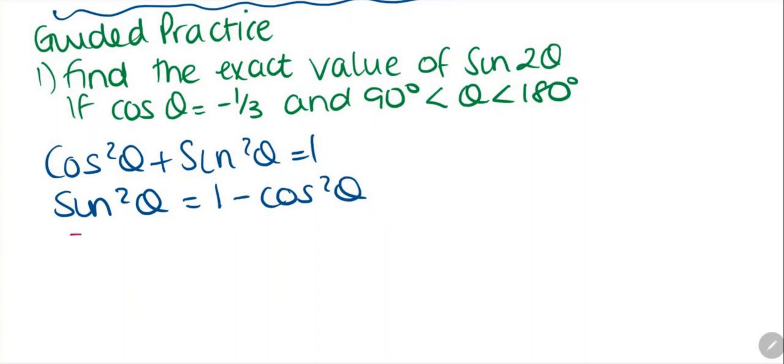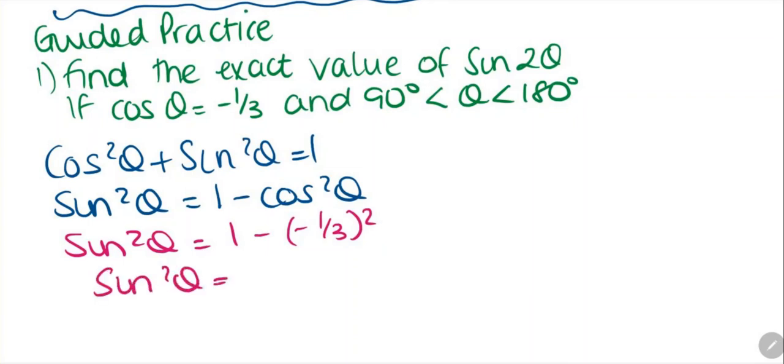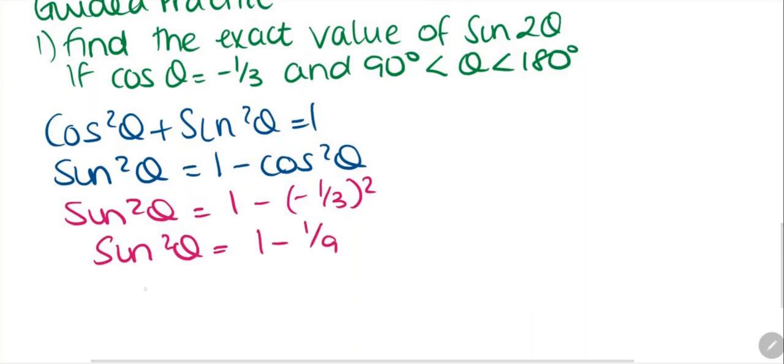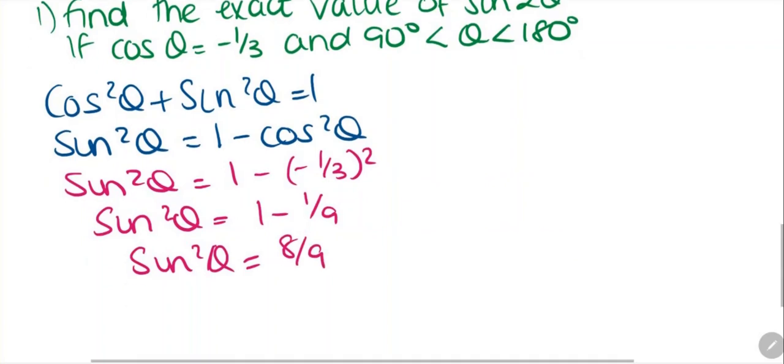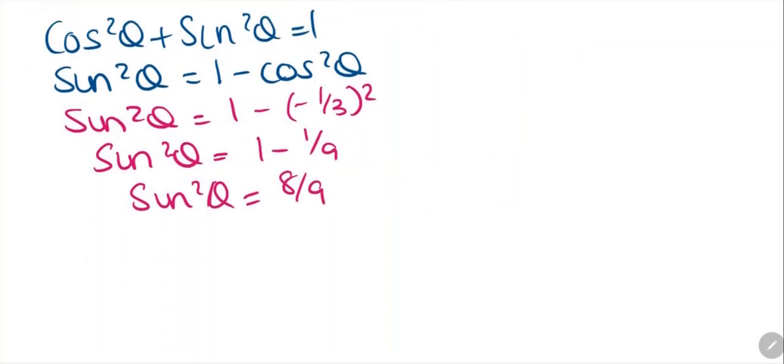So if we substitute in the values for cosine, and cosine is minus 1/3 and is squared, sine squared theta is 1 minus 1/9, so sine squared theta is 8/9.